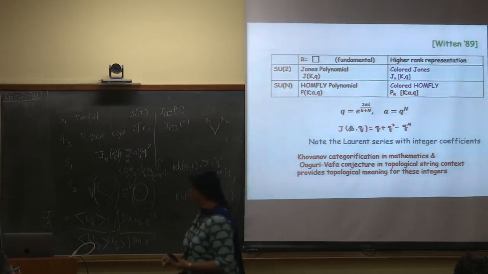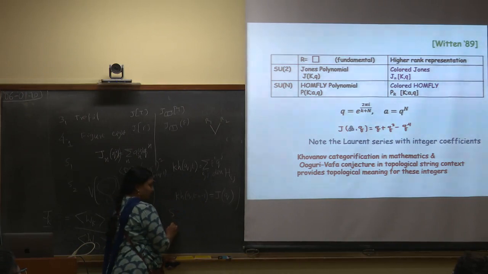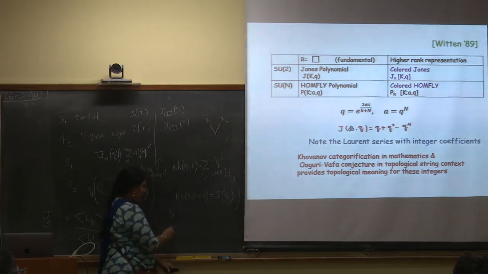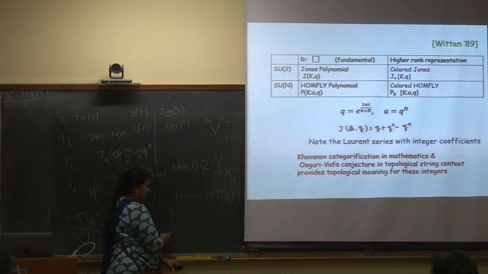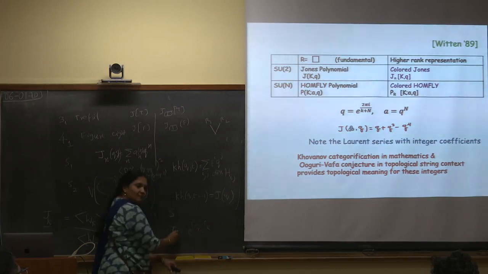What I am saying is that typically on a torus you have an S and a T matrix, and the S and T matrix involve e to the 2 pi i by k plus 2 times, I think, the quadratic Casimir of a representation.